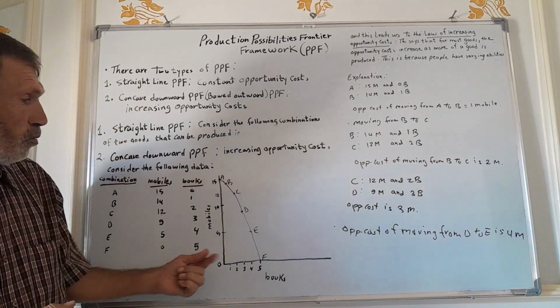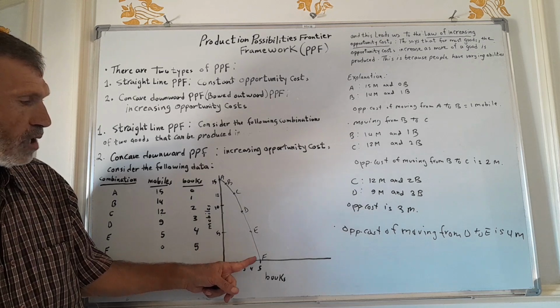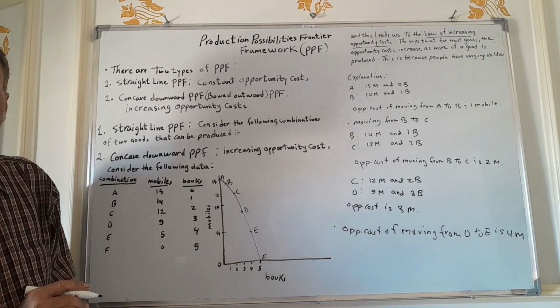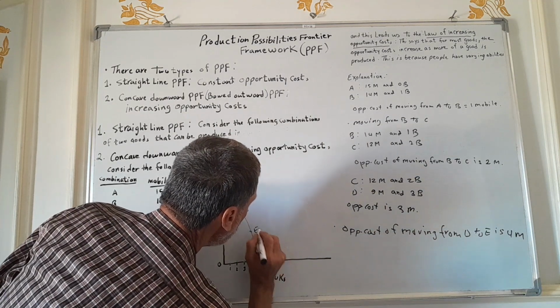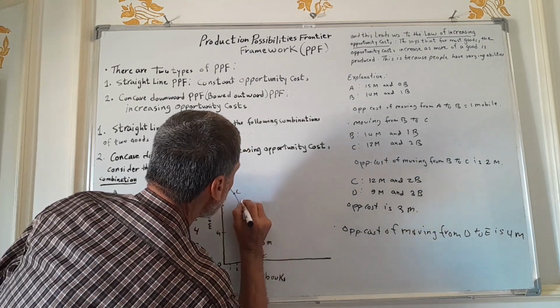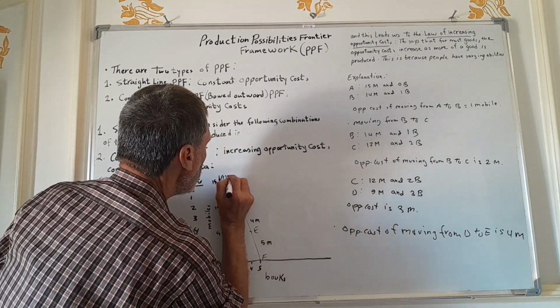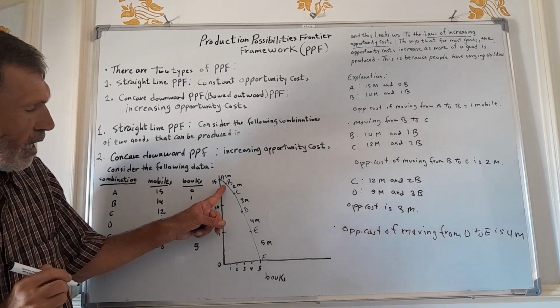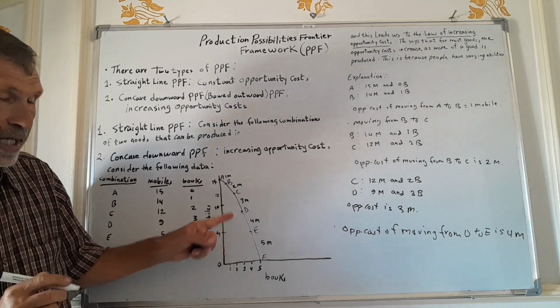The same thing when we move from E to F. The opportunity cost as you move from E to F is 5 mobiles. So you have 1 mobile, 2 mobiles, 3 mobiles, 4 mobiles, 5 mobiles. So the opportunity cost as you move from A to B, B to C, C to D, D to E is increasing.